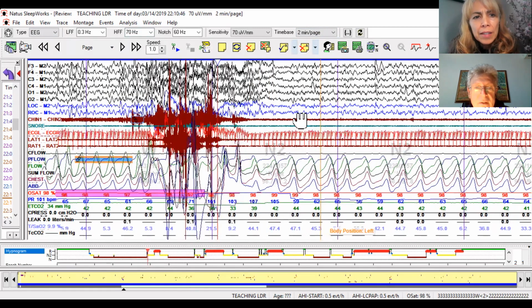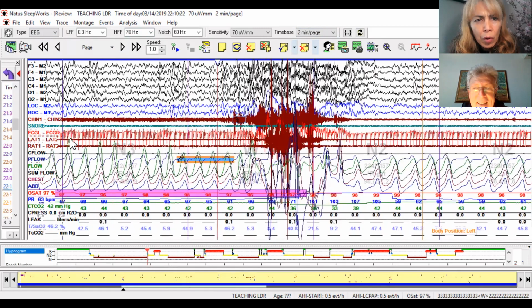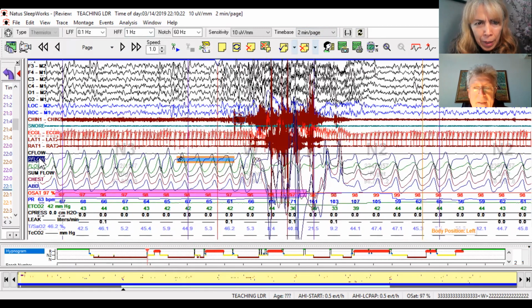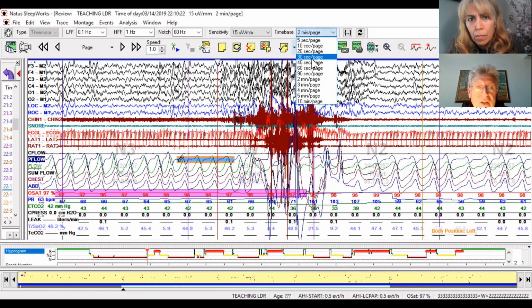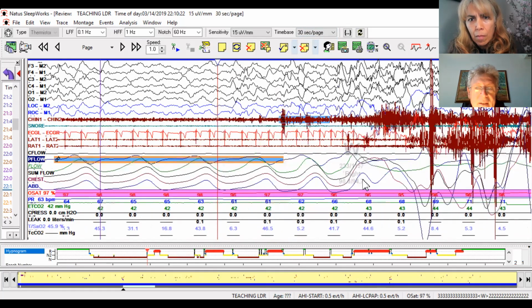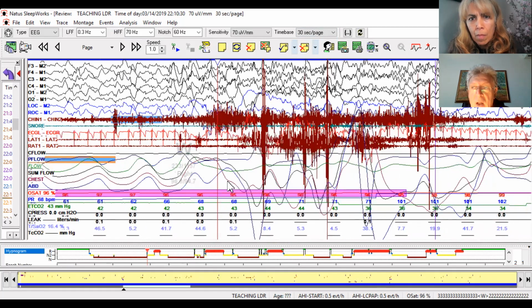Oh, this is good because I wanted to go over movement with an event, in this case, a hypopnea, right? No, but there is also another thing here. Can you put 30 seconds? Yes. Okay.